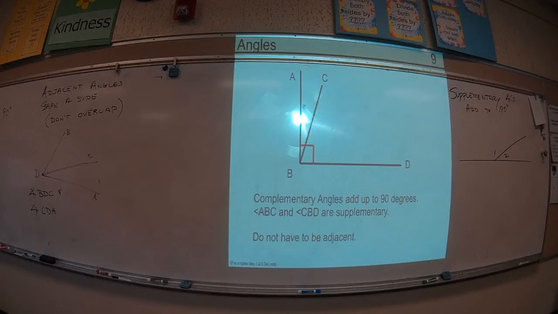And they don't have to be adjacent. If I have an angle that's a 45 and another one's a 45, they add up to 90, they're complements.